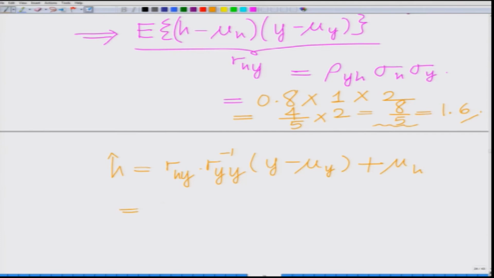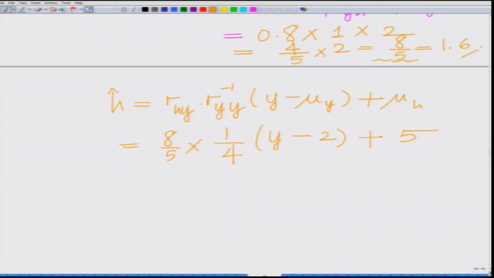We know RHY, that is equal to 8 by 5, times RYY inverse. We know RYY, that is sigma y square equals 4. So this is 1 by 4 times (y minus mu y), where mu y is given as 2, plus mu h, that is given as 5.